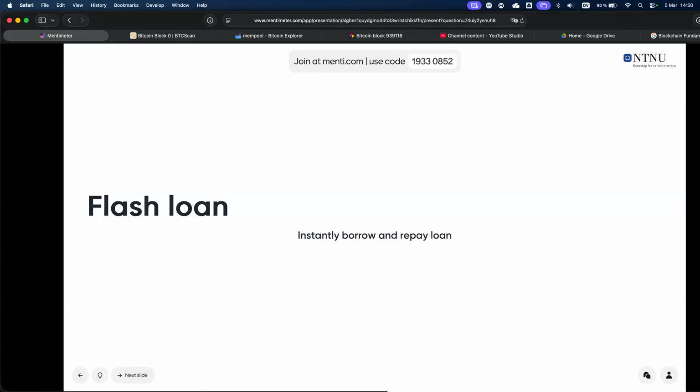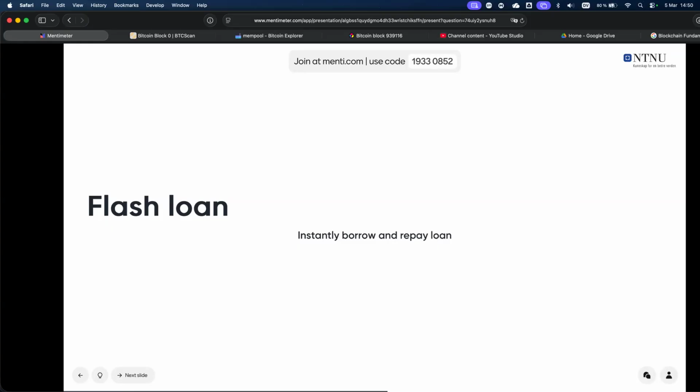Now a flash loan is a protocol which allows you to take a loan, and you can take the loan just for this one transaction. In this one transaction, you take the loan and you have to repay it in one atomic operation. If you're not able to repay it, that means the transaction never happened.